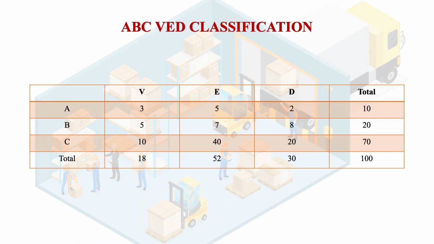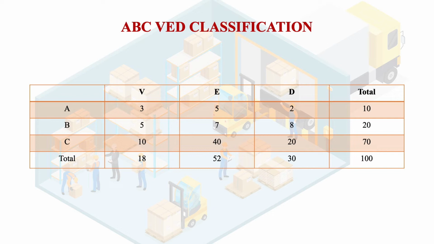You just see on the left side we have A, B, C, and on the top we have VED. The total number of A is 10. Out of 10 items, 3 are vital, 5 are essential and 2 are desirable. Same thing is true with B class, where the percentage is 20 items.